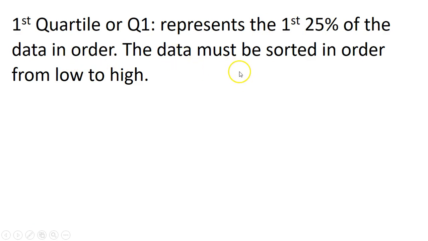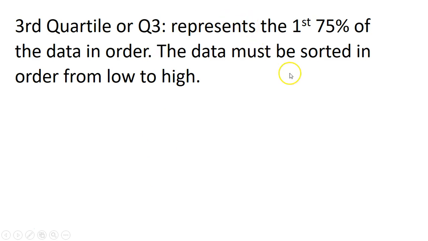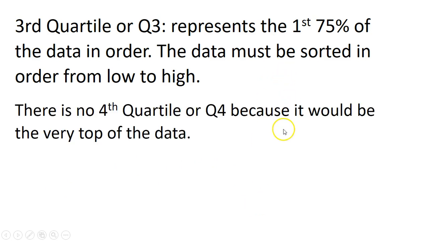The data must be sorted in order from low to high. The second quartile, which you know as the median, represents the first 50% because that's 2 quarters of the data, in order. The data must, again, be sorted from low to high. The third quartile represents the first 75% of the data in order, 1, 2, 3 quarters. The data must be ordered from low to high.